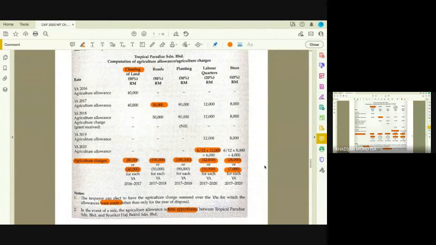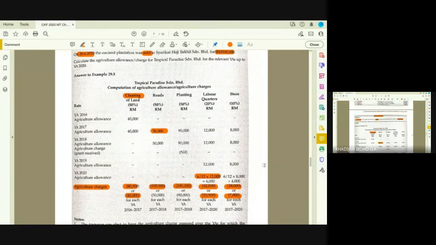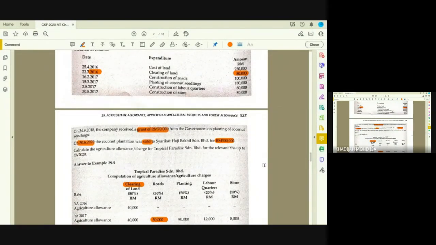Okay. When you incur, you do not have to apportion. You claim everything for the whole year. But when you dispose, then you apportion. So for example here, even though you incur the clearing of land on 22nd of July 2016, you do not apportion that into a 6 months period.